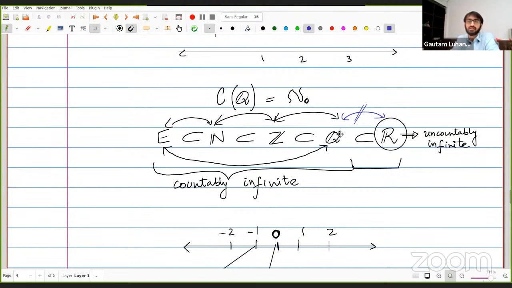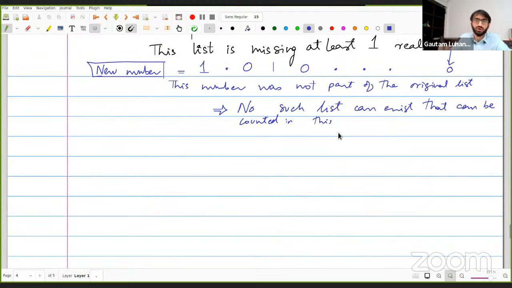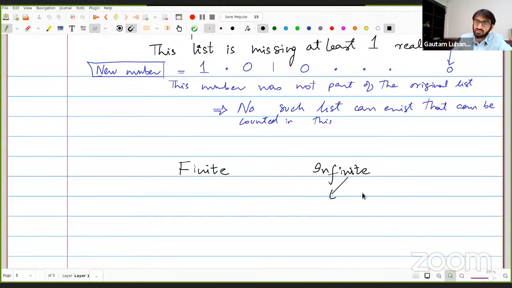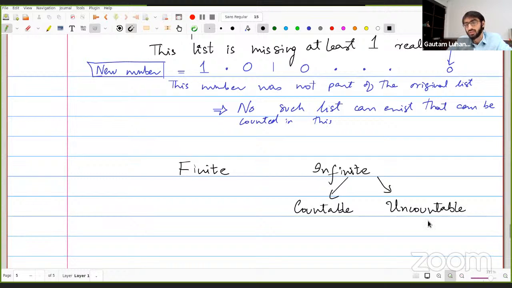So we've gotten ourselves from two simple categories, the finite and the infinite, to a slightly more nuanced notion, which is that even the infinite has at least two categories. One of them is countable, the other is uncountable. It's an infinity so big that you can't even begin to count it, right?